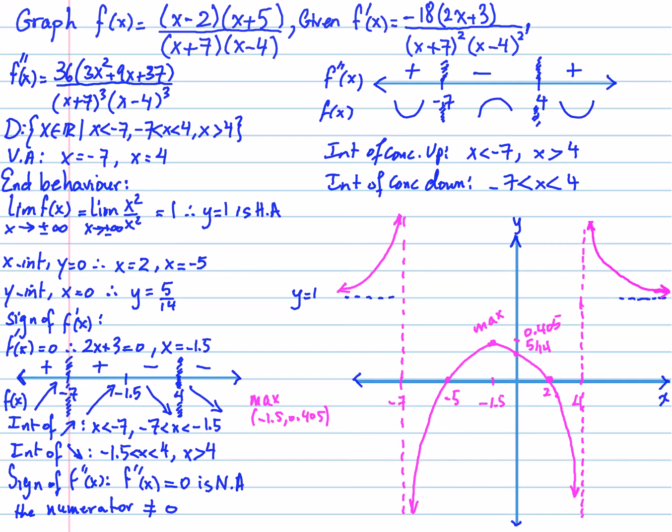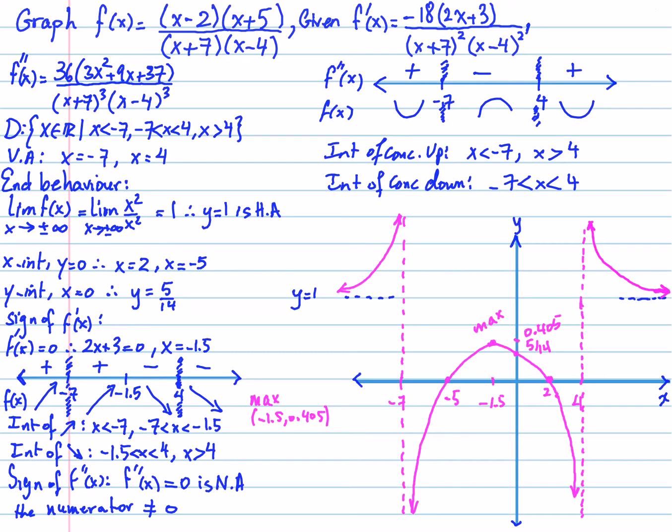Then we determine the sign of f prime of x, because that's going to give us an idea of where the function is increasing or decreasing. So we set f prime of x equal to 0, and in that case the numerator has to be 0, and the only factor in there that could be 0 is 2x plus 3.